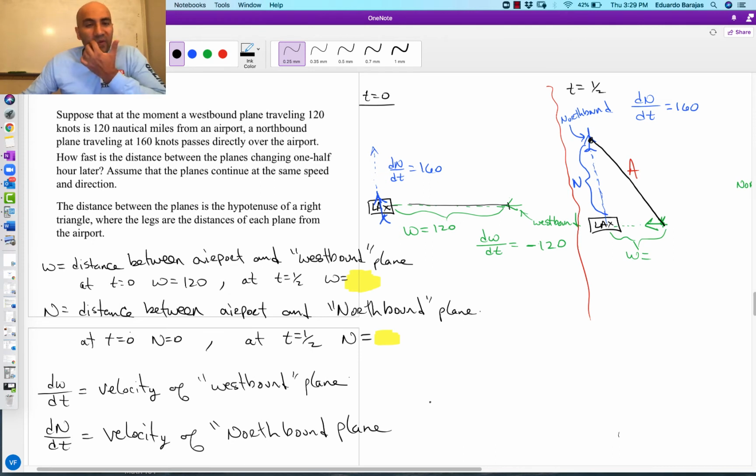And finally, we are interested in the distance change. How fast is the distance between the planes changing? So A, capital A, is the distance between the planes.